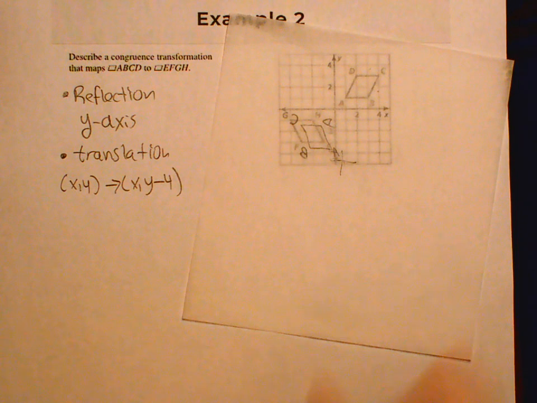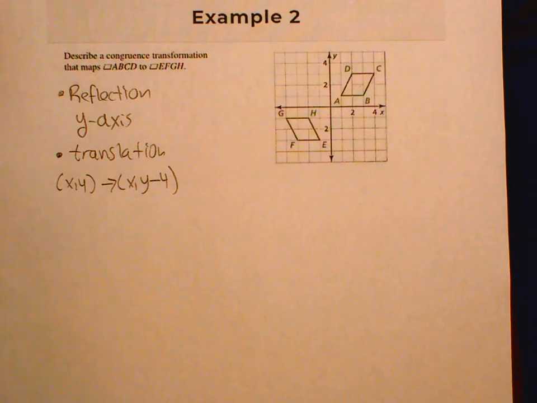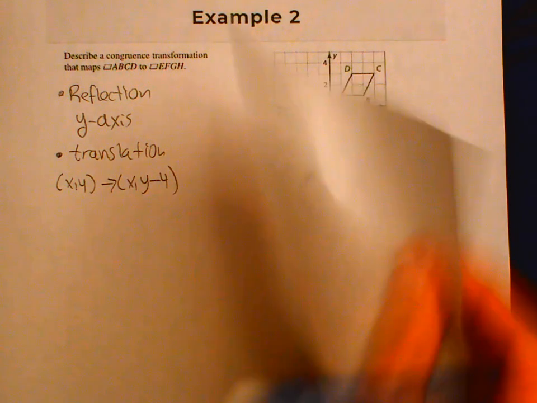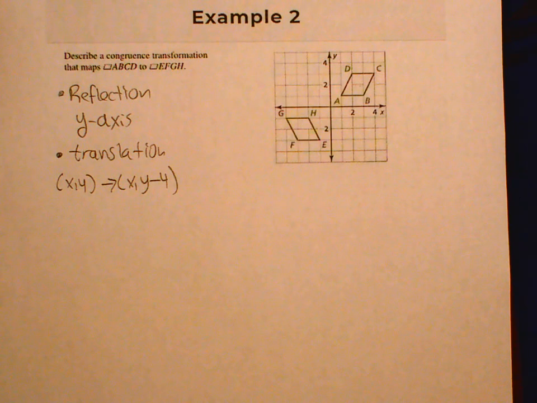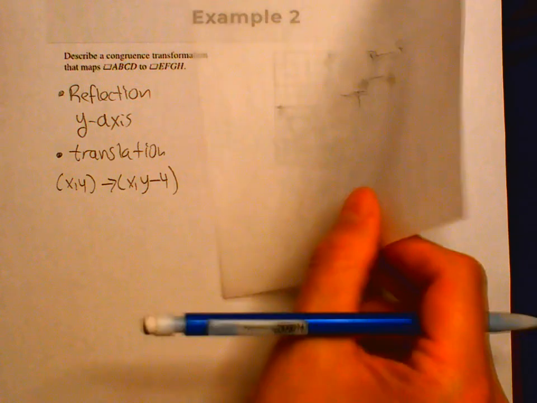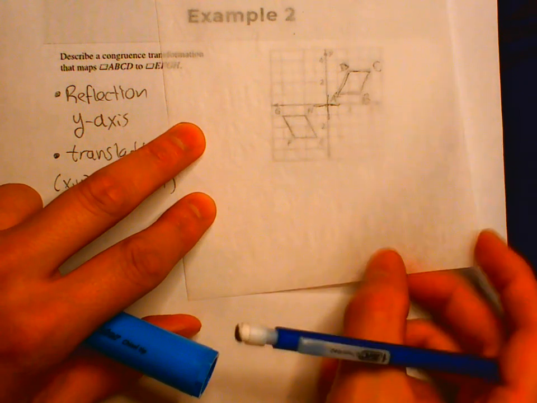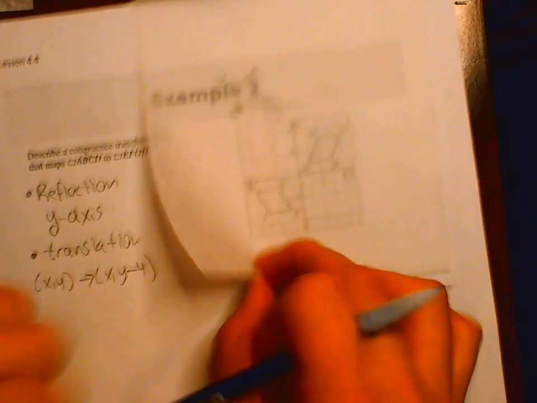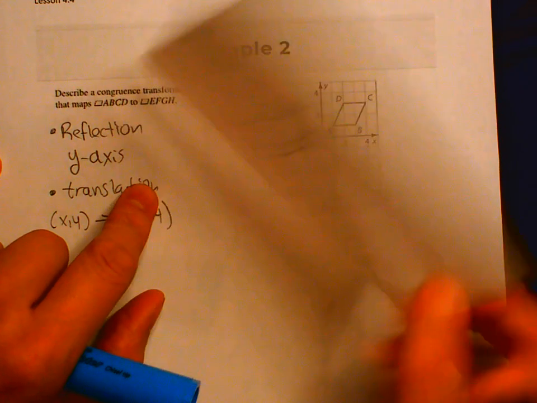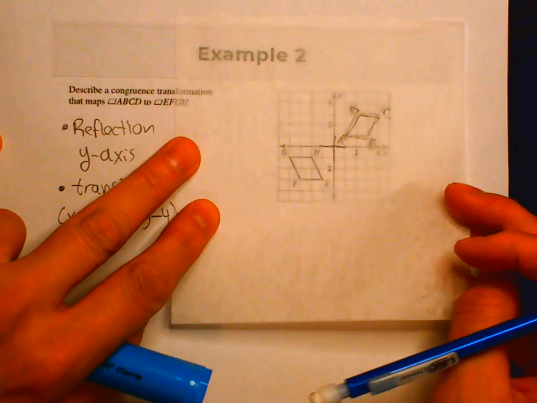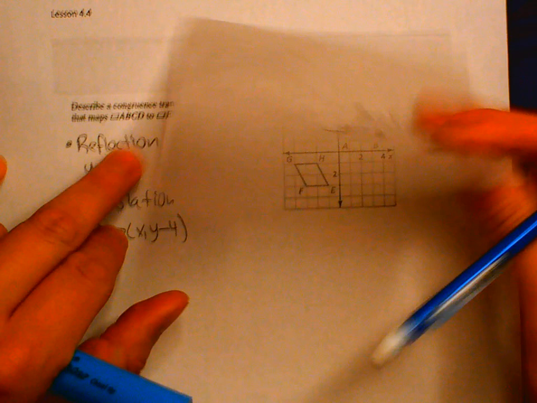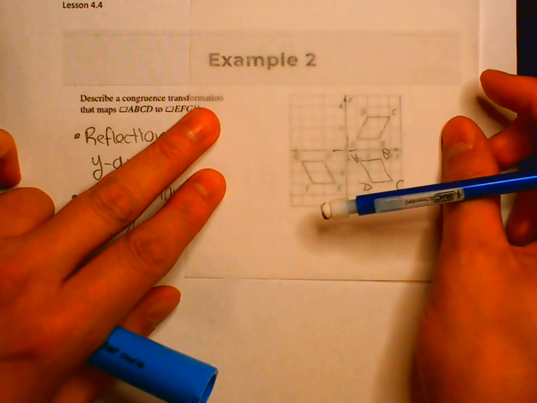So sometimes these are easy, sometimes these are not going to be easy. But the patty paper is what really, really helps. You just kind of have to play with it. Now, what you guys saw with the reflection, when you're doing a reflection and you're doing it on patty paper, all you have to do is a horizontal change like this. If you are doing a reflection about the x-axis, all you got to do is a vertical reflection like this.